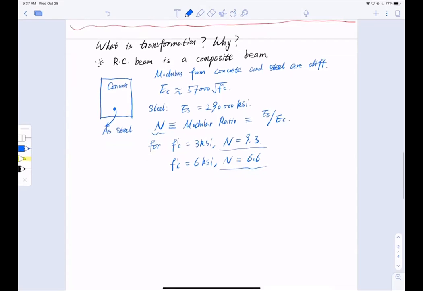So we are roughly having 8 times difference in terms of modulus. So we cannot treat it as a monomaterial section. We cannot treat an RC section monolithically.